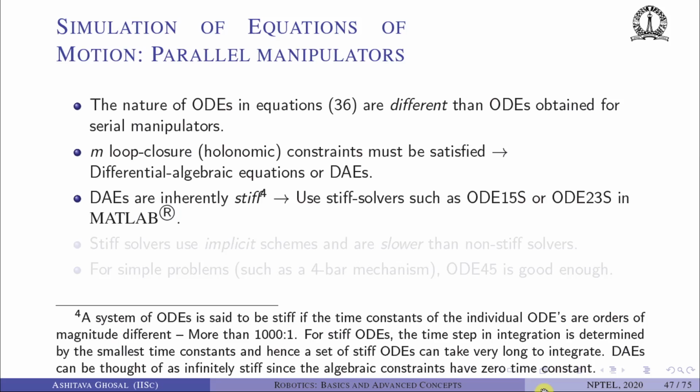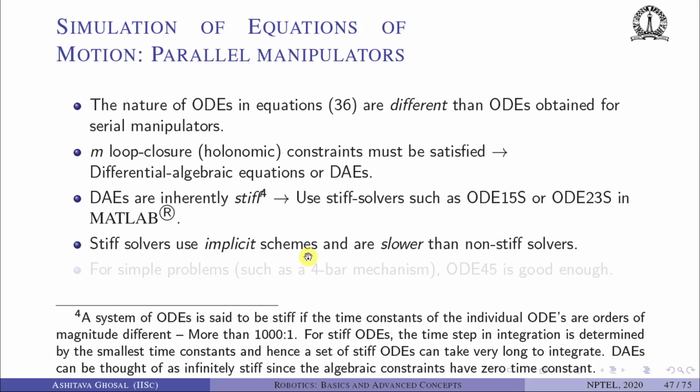So DAEs are inherently stiff, but it's not so serious because we can use stiff solvers such as ODE15S or ODE23S. S stands for stiff solvers. Stiff solvers use what are called implicit schemes.